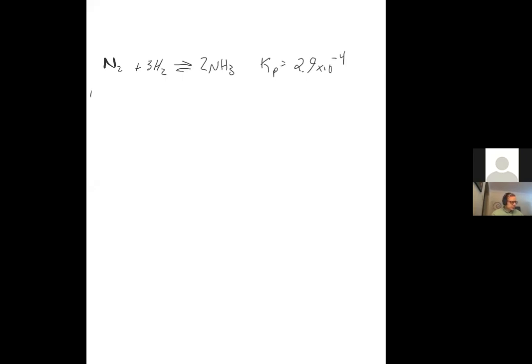Notice I'm putting initial in here. And this is 50.02. The H2 is, oops, sorry, it's 57.88. And then the NH3 is 53.05. Okay, so we're going to calculate Q.